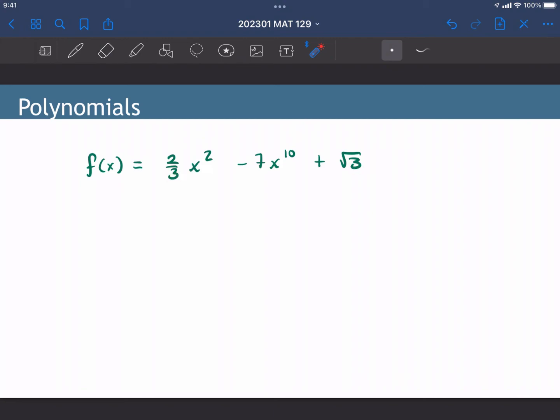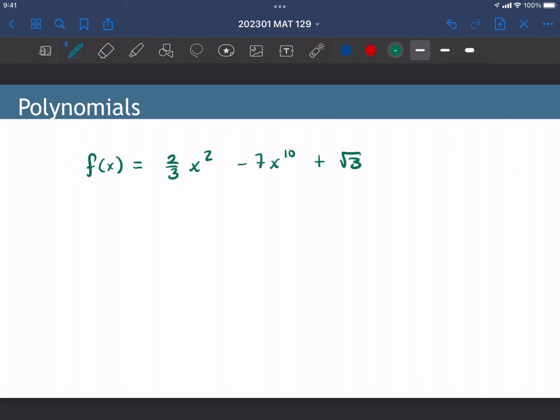Okay? So a fractional, rational coefficient here, and an irrational constant over here. Those are still real numbers, and so you're still okay. This is still a polynomial. It's a really ugly polynomial, but it's still a polynomial.